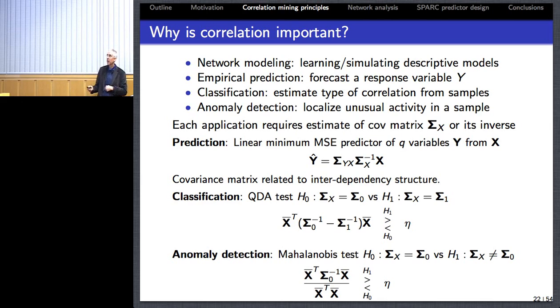And then anomaly detection, you have a Malone-Lewis test that can tell you whether, if you have some nominal co-expression that's in evidence in, say, some organism, there is a deviation at some particular time from that nominal due to some pathogenic insult or other environmental or stress-related component.